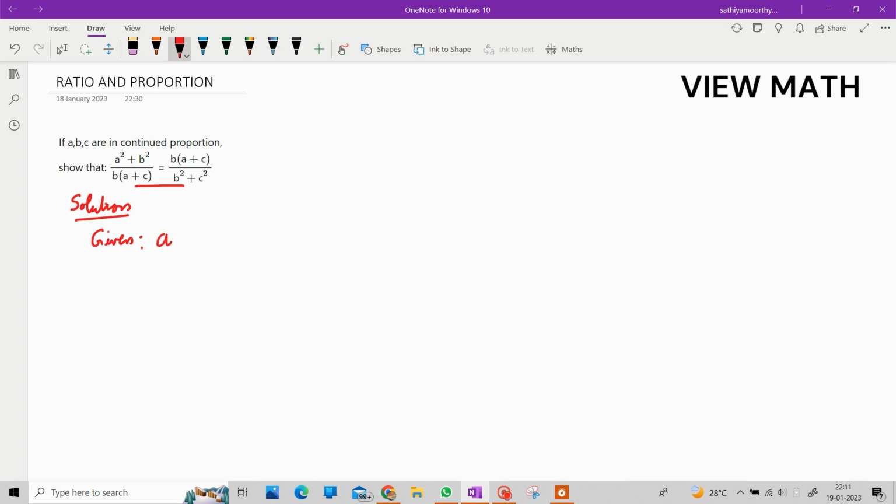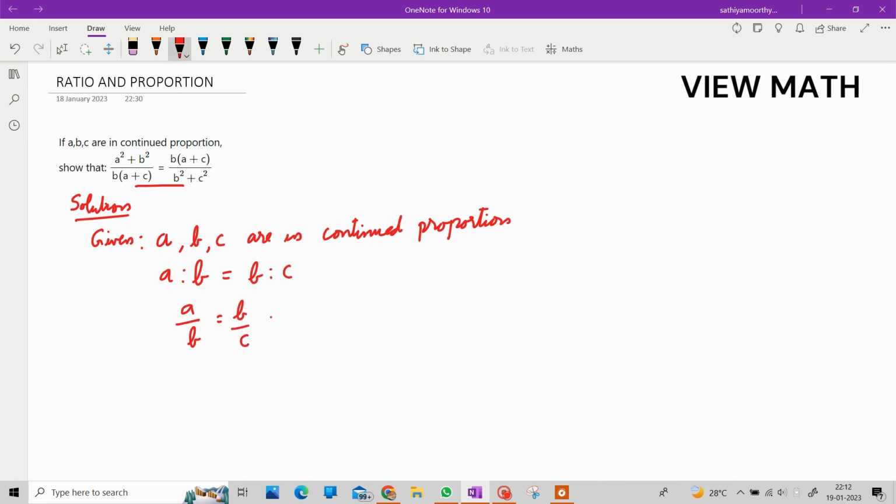Continued proportion means I can write a is to b is equal to b is to c, or otherwise I can write it as a by b is equal to b by c.